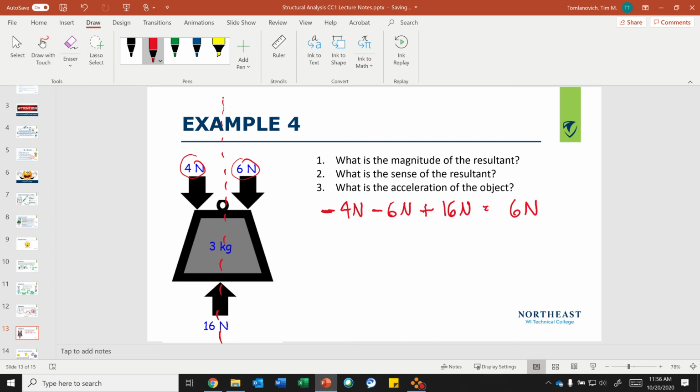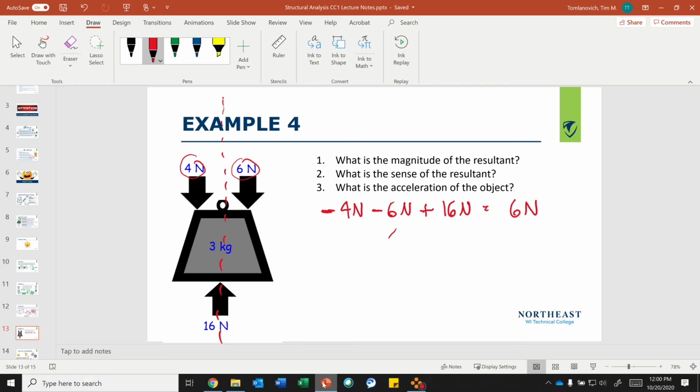Welcome back. Sorry, got interrupted there. So we have 6 newtons as our magnitude of the resultant.